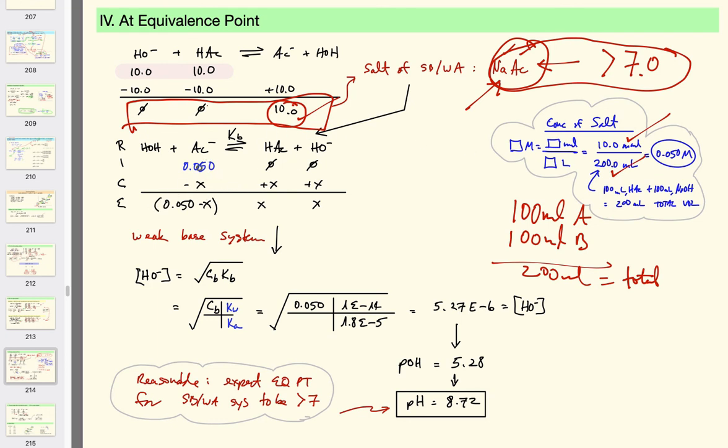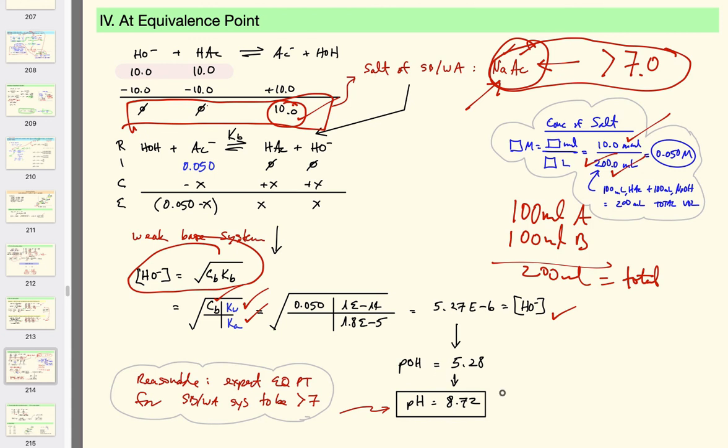And now we just do our regular equation. We have a weak base system here. Easy. Plug it into our shortcut for the weak base system. We know CB. We just calculated it. We know Kw. We know Ka. So we can calculate the hydroxide concentration, which can then give us the pOH, which can be converted to pH.